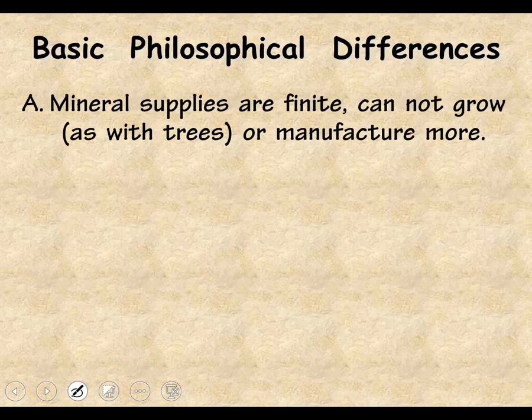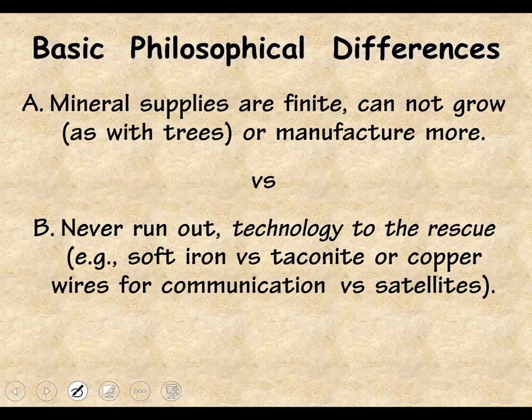Now, we have two responses to this looming problem. It's not just with mineral resources, it's all non-renewable resources. One is that, we'll figure it out. Mineral supplies are finite. We can't grow more. We can't manufacture more. So we're going to have to figure something out.